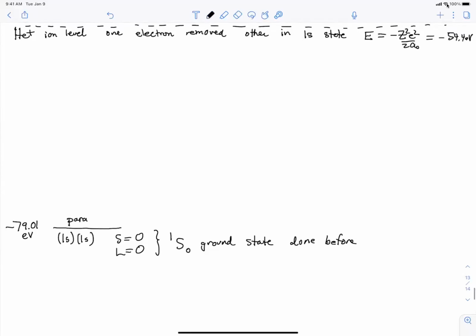And so now let's talk about the first state above the ground state. So what's that going to be? That's going to be a 1s2s state. So I'm putting one electron in the 1s state, the other in the 2s state, which is NLM equals 200. Okay, and what we learned is that the S equals 1, or ortho, is lower in energy because of the exchange integral.